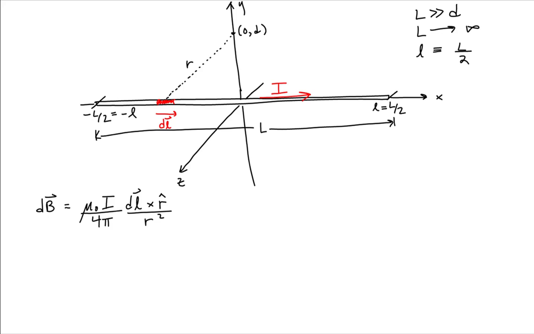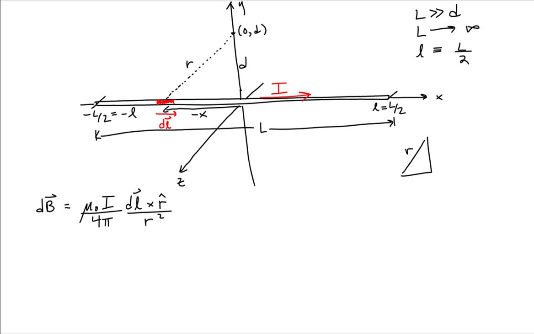Ultimately, we're going to have to integrate, and we're going to need to express our variables in terms of the geometry of this problem. So r, for example, is really the hypotenuse of a right triangle where the sides are d for the vertical leg of the right triangle, and the horizontal leg of the right triangle we will say is given by the variable minus x.